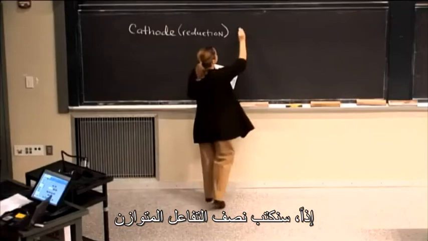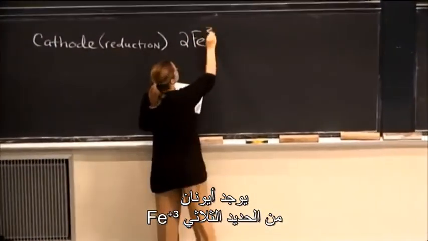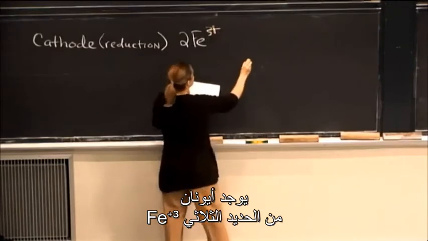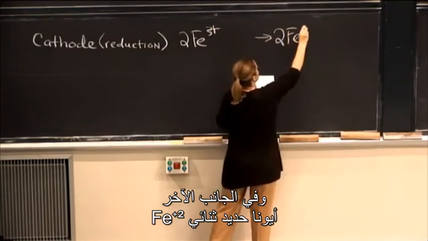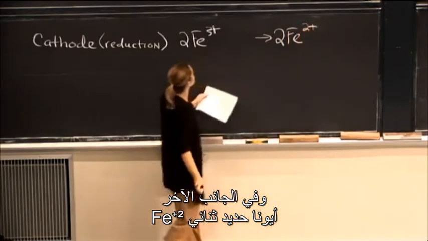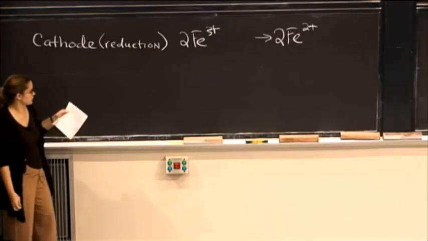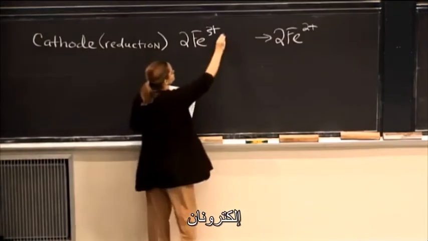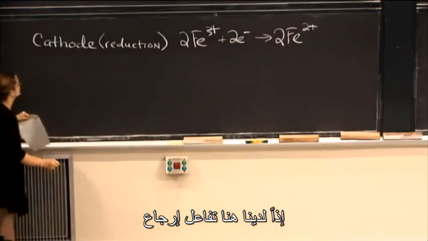So we're going to write the half reaction that's balanced. So there were 2 iron 3s, and on the other side, there's 2 iron plus 2s. And how many electrons am I talking about here? 2 electrons. So we have the reduction reaction.